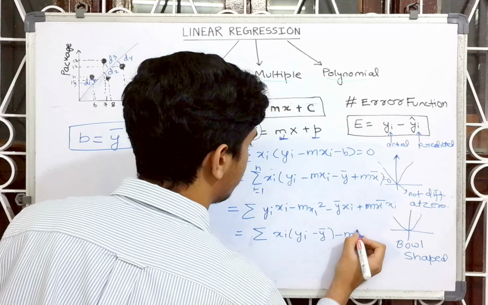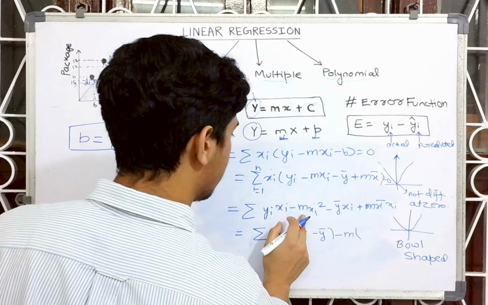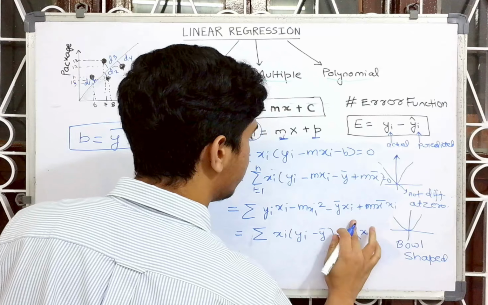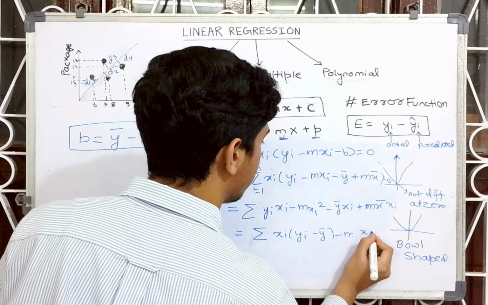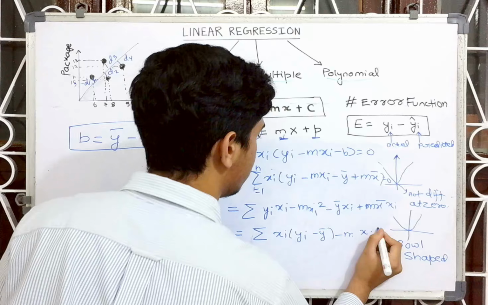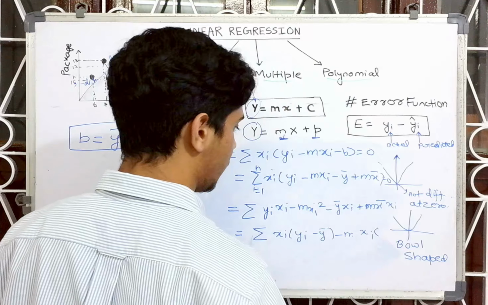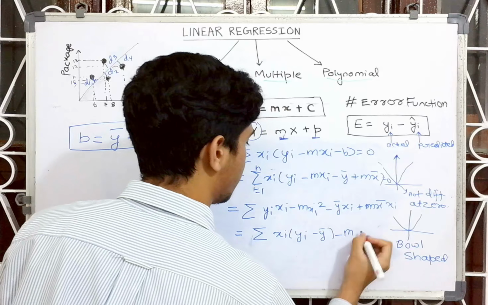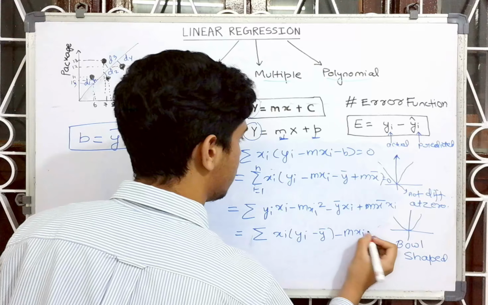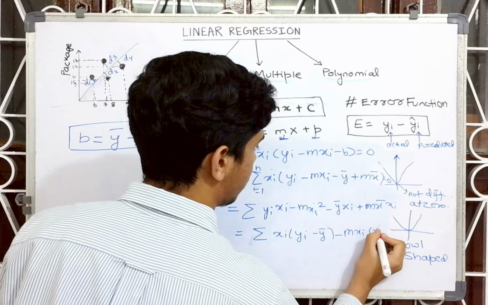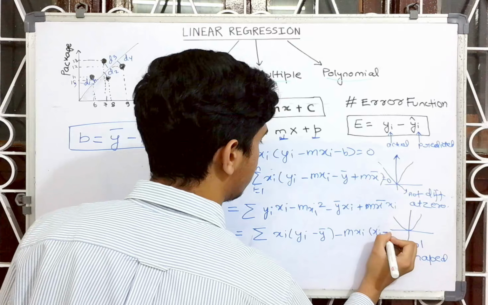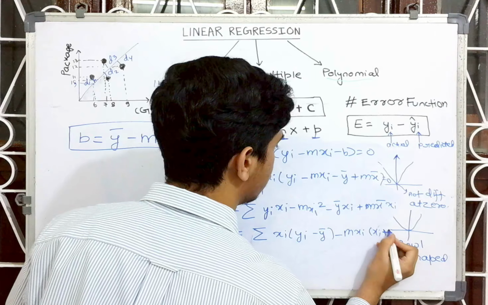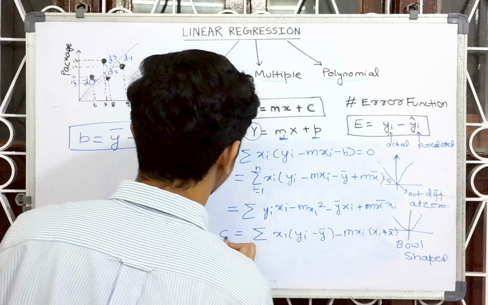so minus m xi, we will take m xi common, and inside it xi minus, again this will be plus x mean, that will be equal to 0.